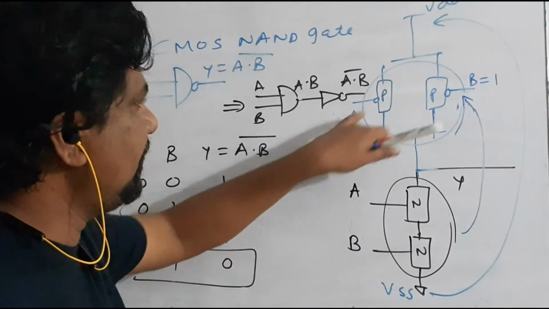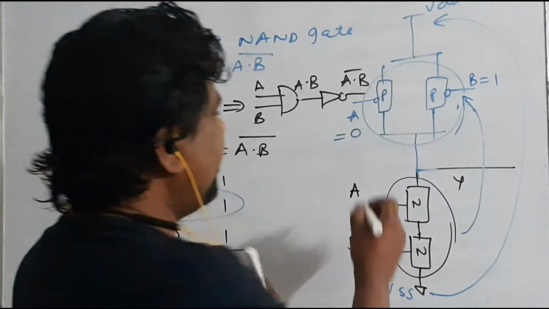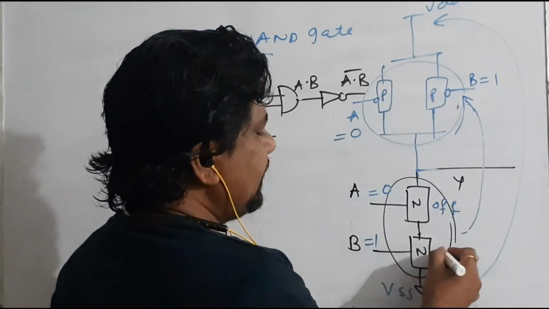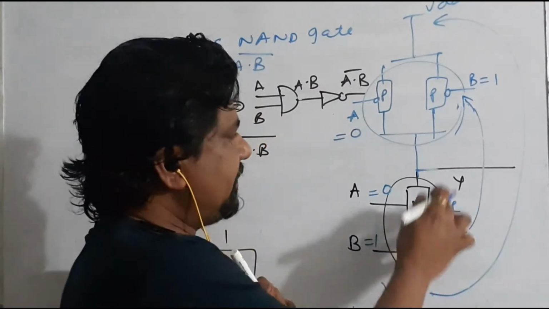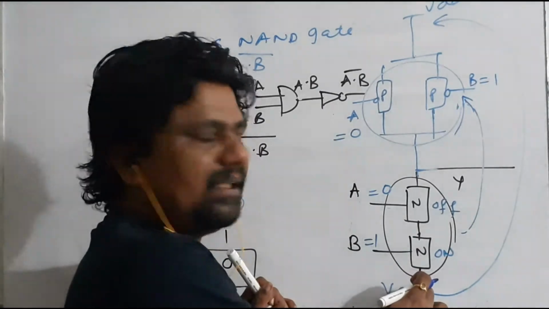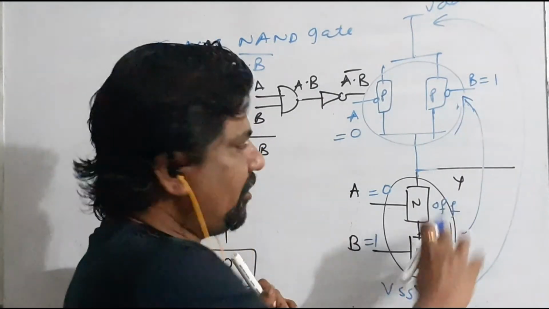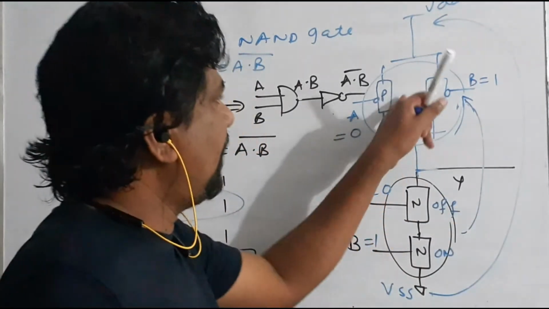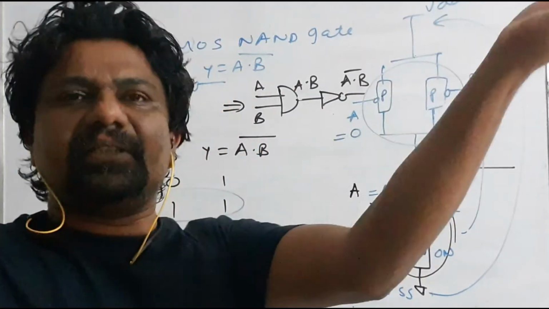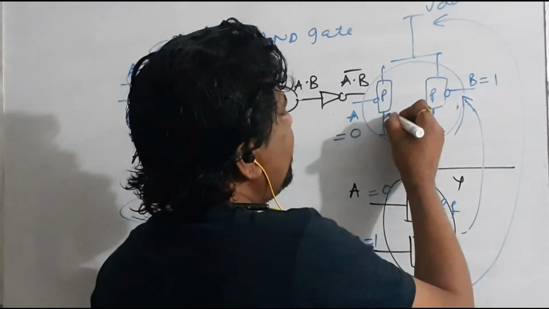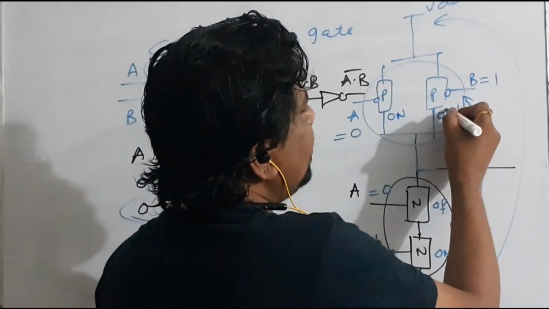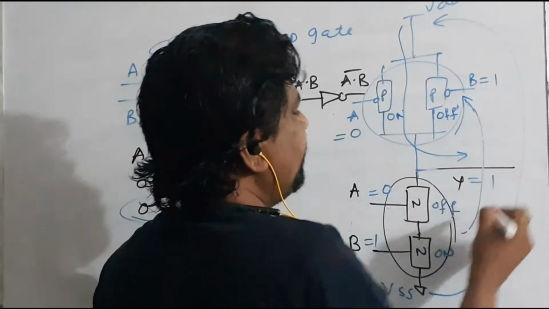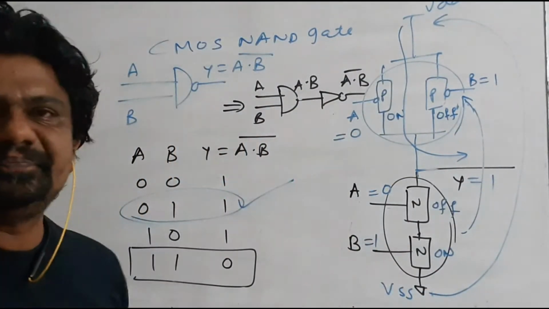Here the gate is enabled, A is equal to 0, PMOS will be turned on. Here A equal to 0, this is in off state, but B is equal to 1, this is in on state. But as this is in off state, there is no connection between this point and this point. That means Y is not equal to VSS because this is an open circuit, because one switch is in off state. They are connected in series. Now, as two switches are connected in parallel, this or this, whenever one of the switches is in on state, this is in off state, I will get VDD here. Y is equal to 1.